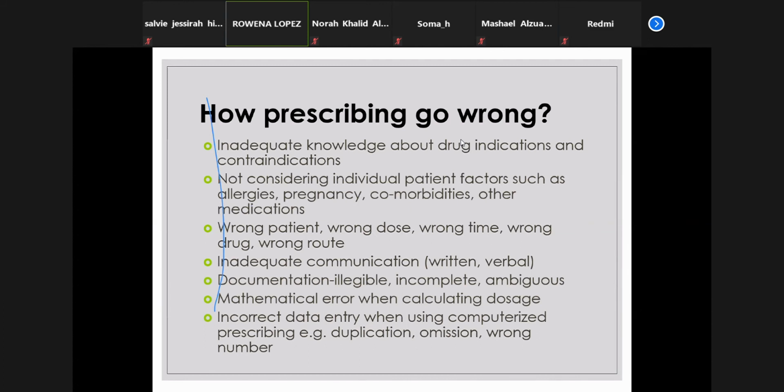Duplication, please be careful, because it happened in our hospital before: a new drug with a different trade name but the same generic name, newly introduced by the company, okay? And the doctor prescribed the same medication twice.